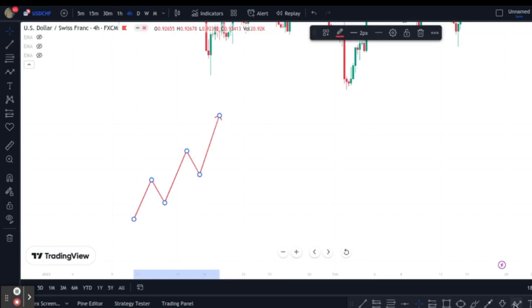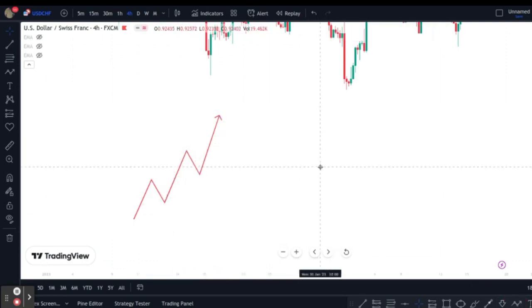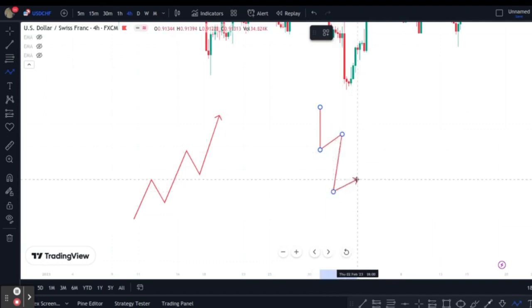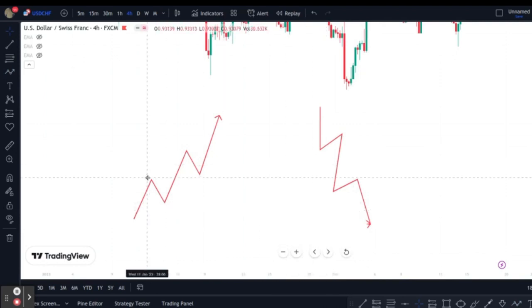When the market is buying, we see this, and when the market is selling, we see something like this: the impulse move, retest, the impulse move, retest, the impulse move, retest. Don't mind my drawing, you should understand what I actually mean. So let's first stay on these two ways.